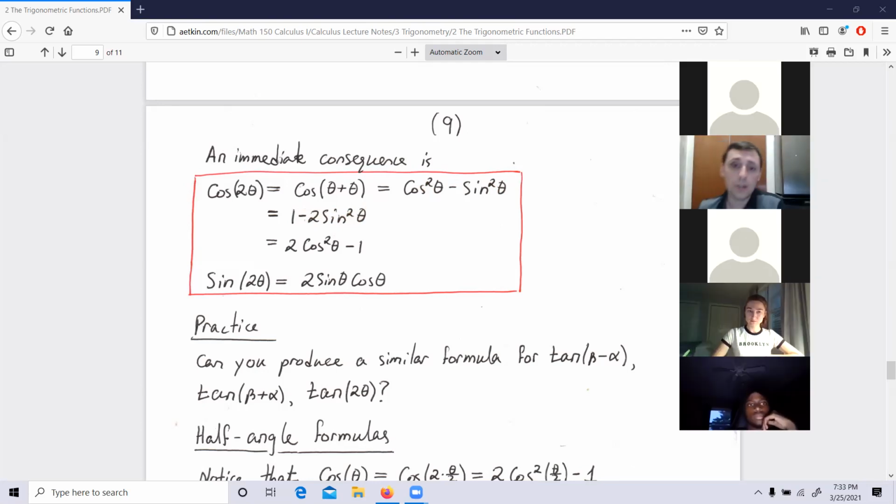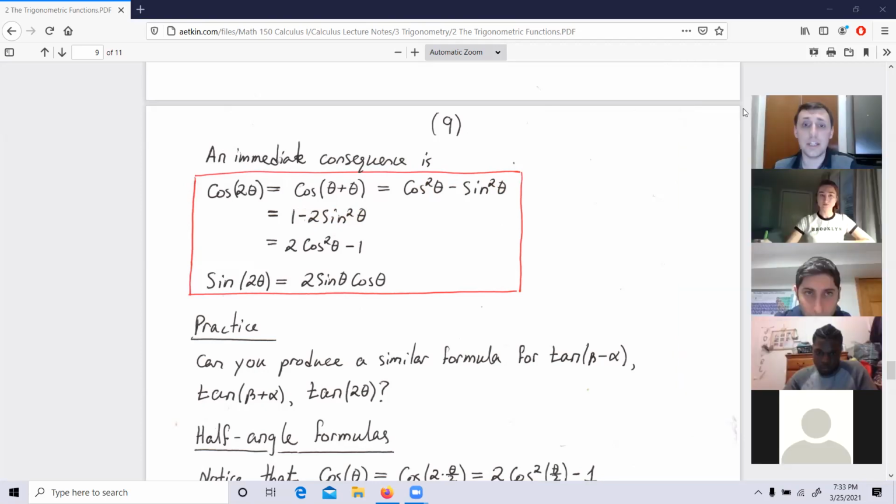You understand how I convert it to just having sine? I just take cosine squared and write it as 1 minus sine squared, and that gives me this formula. Do you all see that?